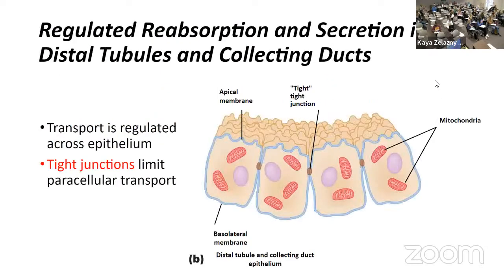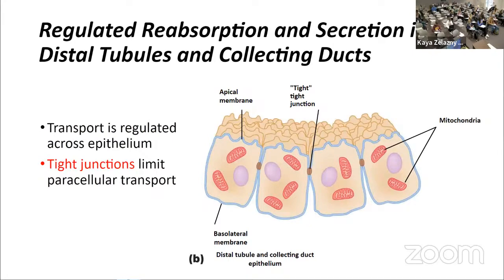All right, so we're going to move a little bit further down. Okay, so since we've mentioned reabsorption now in the proximal tubule in detail, I do want to give a brief preview about how that's different and what's going on in the distal tubule and in the collecting duct.